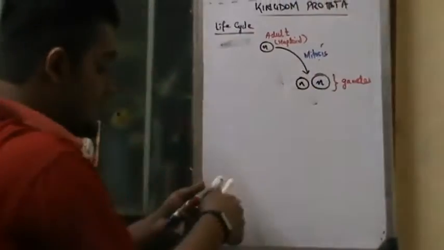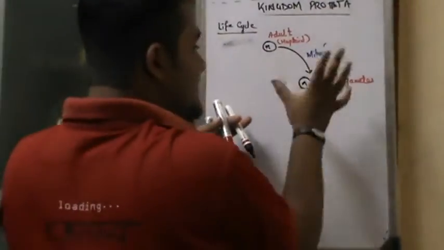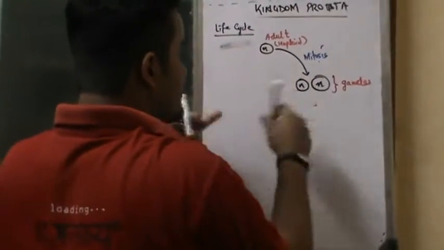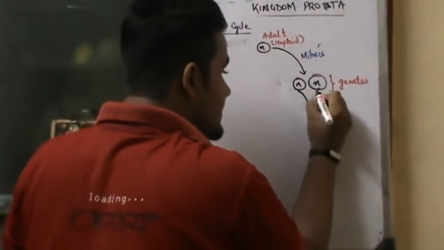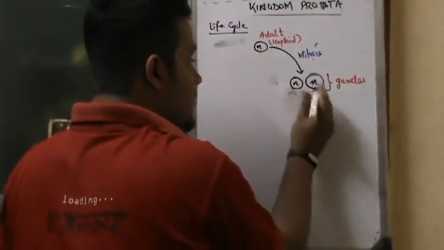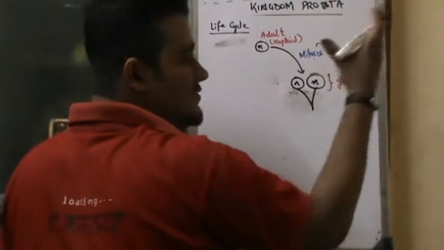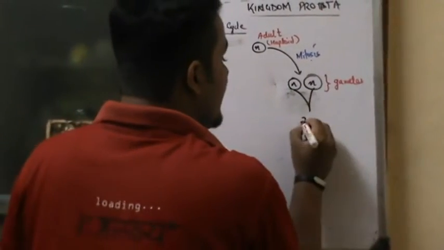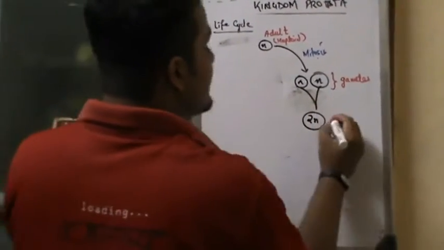What happens is, just after the formation of gametes, these gametes undergo syngamy, or fusion, and form a diploid zygote. So first mitosis, gametes are formed, they undergo fusion and form a diploid zygote.